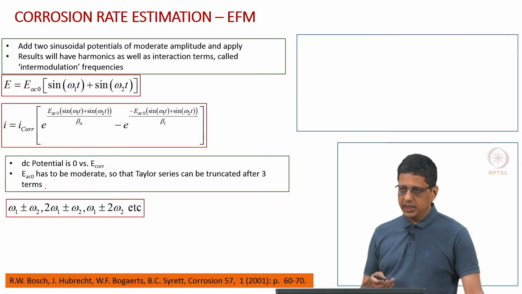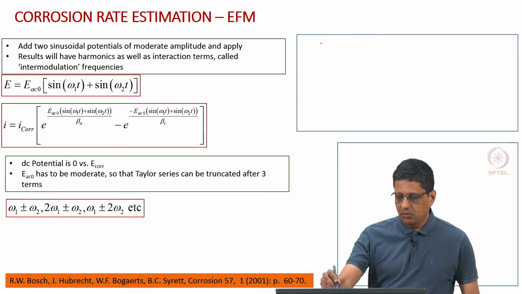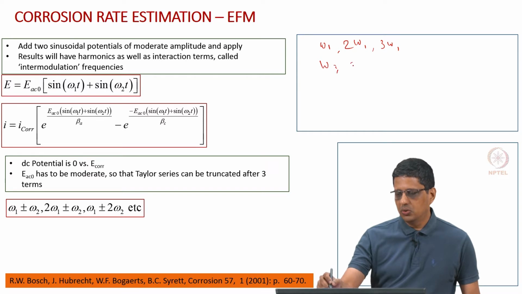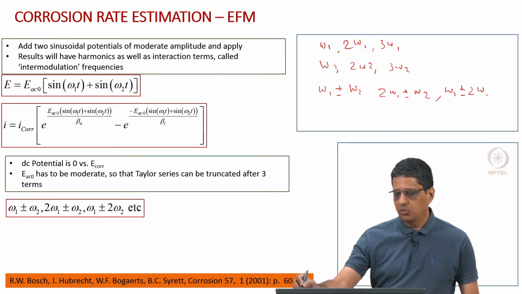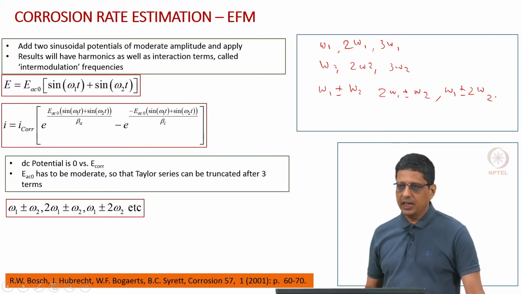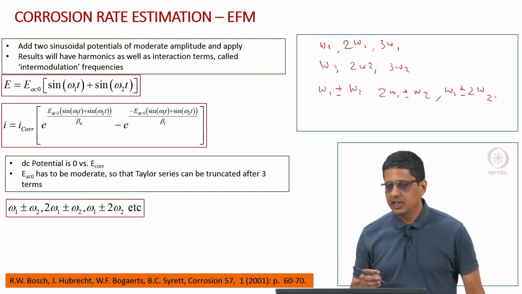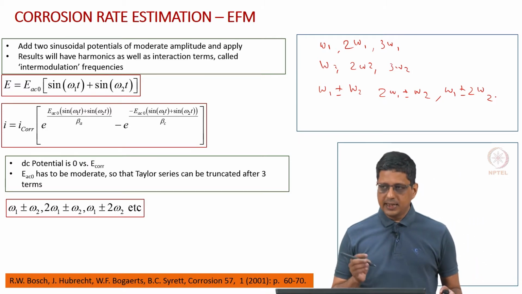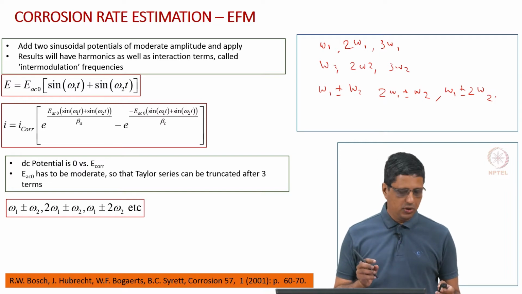Now, the results you get will contain omega 1, 2 omega 1, 3 omega 1, omega 2, 2 omega 2, 3 omega 2. In addition, omega 1 plus or minus omega 2, 2 omega 1 plus or minus omega 2, omega 1 plus or minus 2 omega 2, and of course, even higher ones, but we will say that they are negligible. As long as the amplitude is moderate, it should work okay.